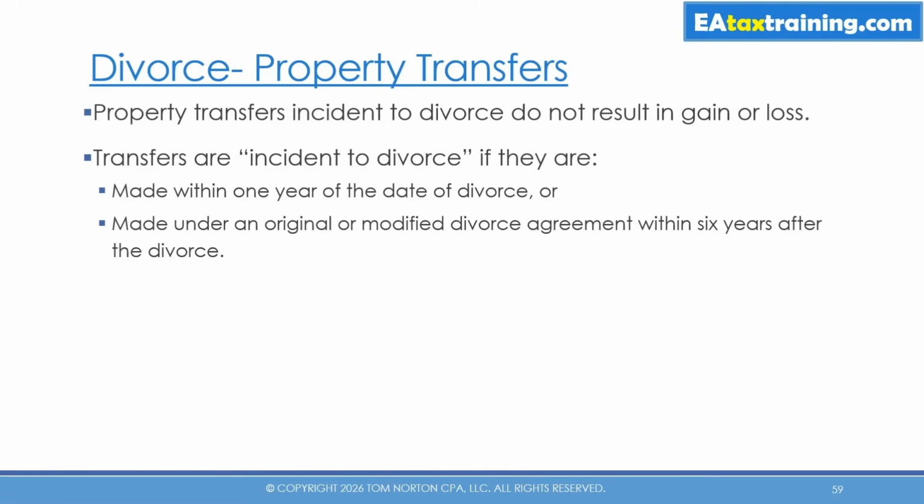So even if there is nothing in the divorce agreement, if the transfer happens within 1 year of the divorce, it will automatically be considered incident to divorce, no tax. If it is part of the agreement, then as long as the transfer occurs within 6 years after the divorce, it will be considered incident to divorce.